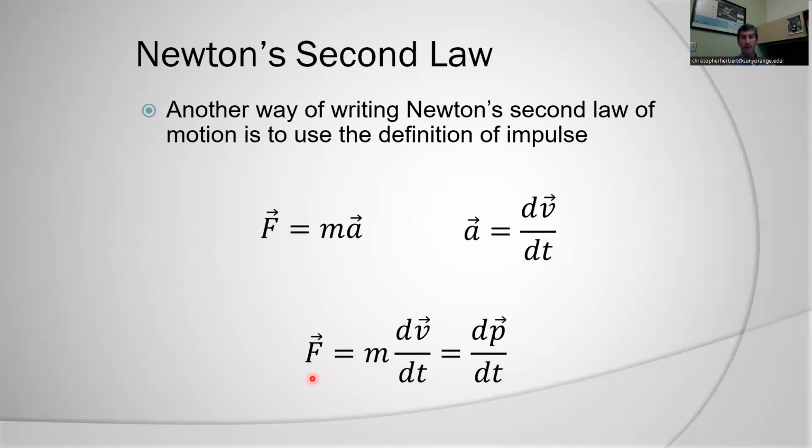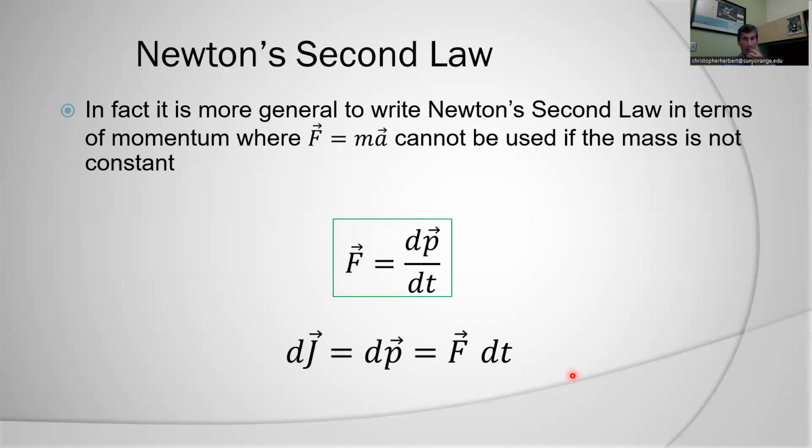Here's the way that we can take that special case where the mass is constant and rewrite it as a more general case for Newton's second law, where the net force is dp/dt. And this more general form can be used not only for objects that have a constant mass, but also for objects where the mass is changing, such as the cases for rockets.